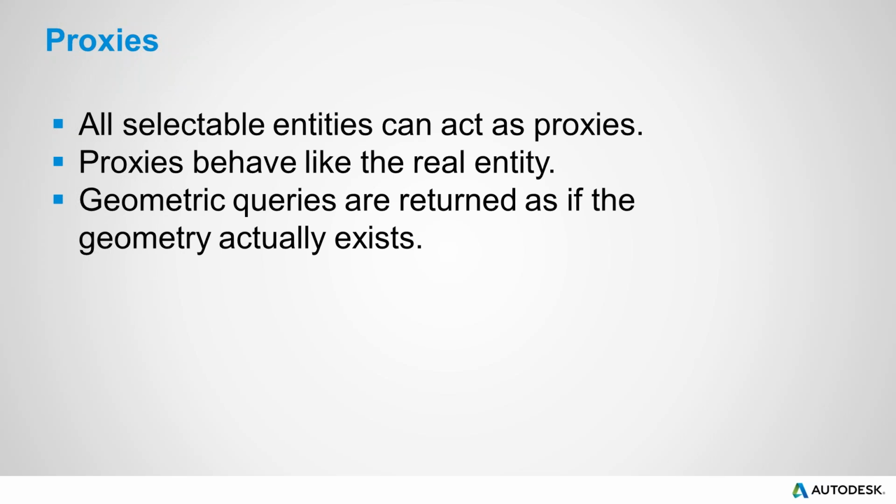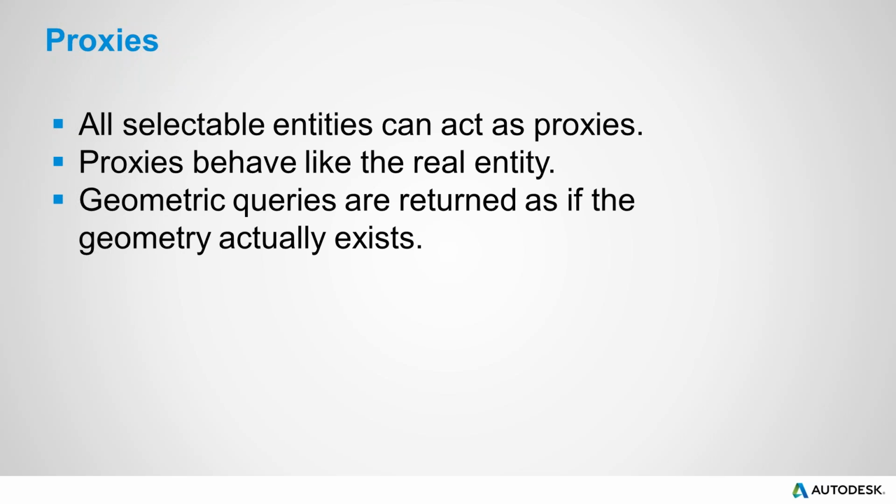And if you've used the Inventor API at all, this is the same concept as Inventor has, but the API is implemented quite a bit differently than it was in Inventor. In Inventor, there were duplicate objects. So if we had, say, a face object, then there was also a separate object called face proxy. But in Fusion, there aren't duplicate objects.